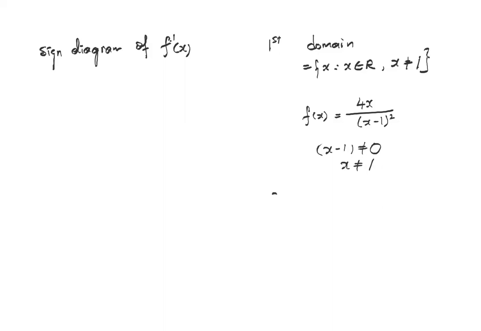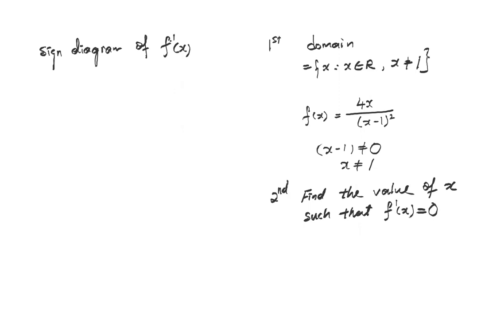Second thing, what must you do? Yeah, find the value of x. That is the x-intercept. Such that f prime x equal to 0, correct? Hello? Because we are drawing the sign diagram of f prime x.